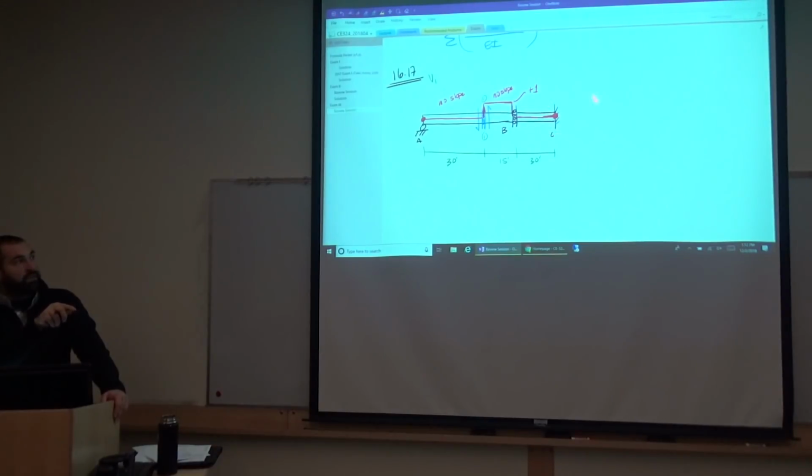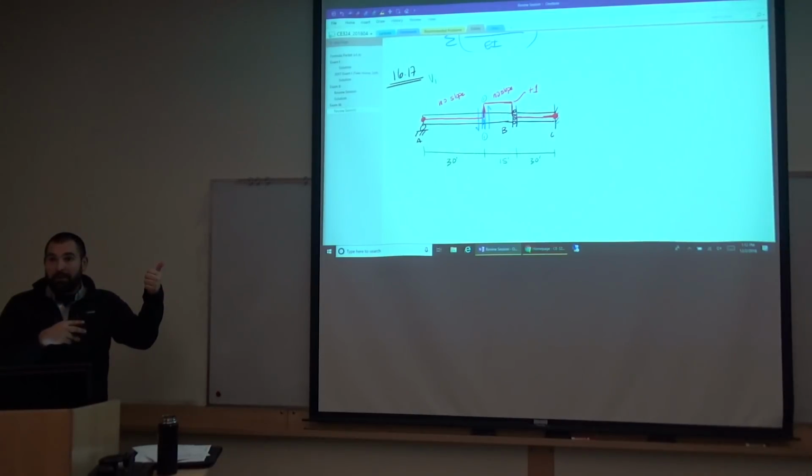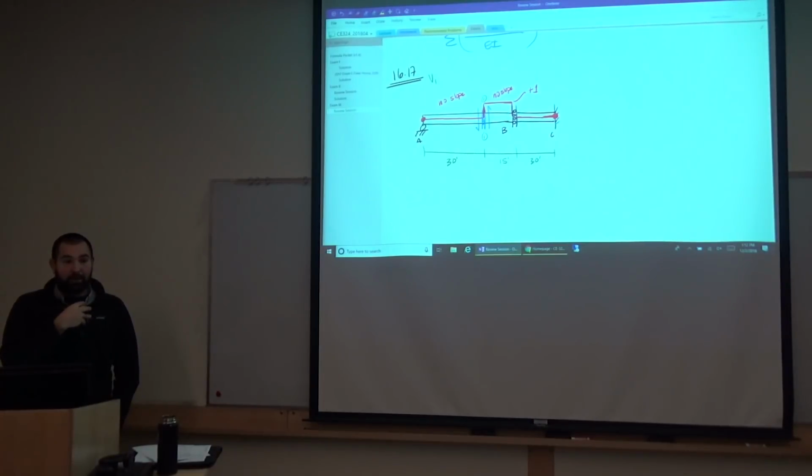I see a lot of mistakes with fixed supports because the slope has to be 0, and I see a lot of issues where people forget about that further down the beam. Let's just put it that way: 0 slope here, how far that rule applies. If you have a hinge, that slope can be broken, right? That slope can be different on one side than it is on the other, but unless you have a hinge, that's never going to happen.